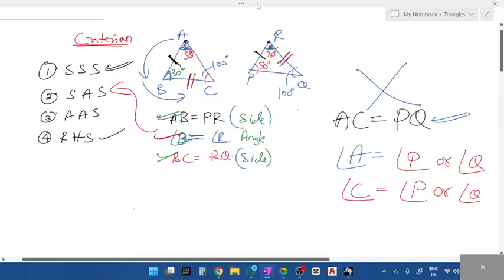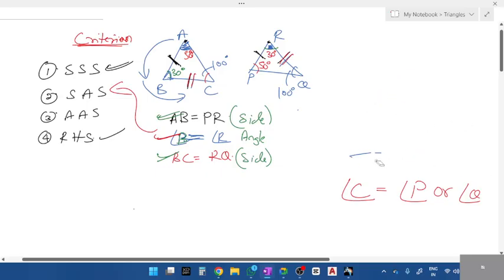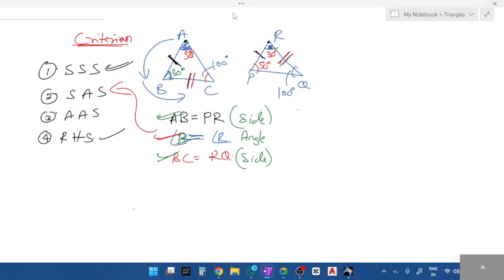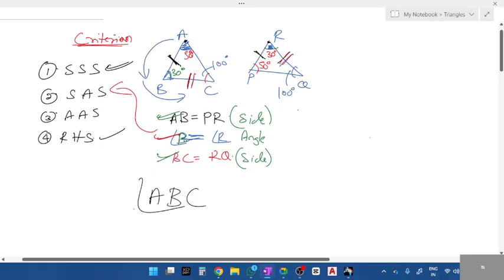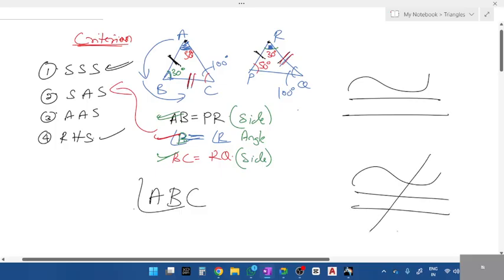Now I'll tell you what to write. First thing, you have to check whether it's congruent. To check congruent, we use the criterias. These are the criterias. Once we get to know it is equal, then you'll have to write it like this: triangle ABC, this is the symbol for congruency, and this is the symbol for not congruent.